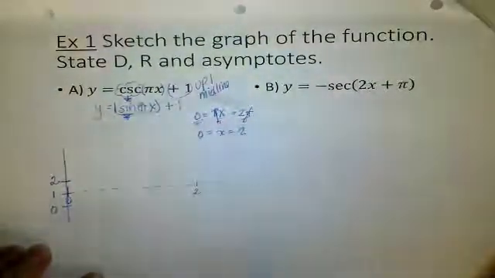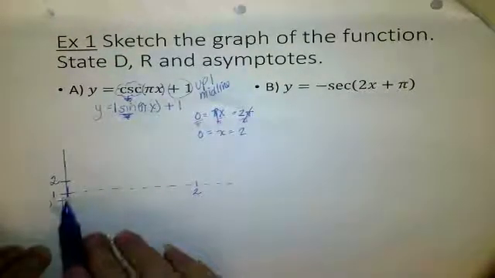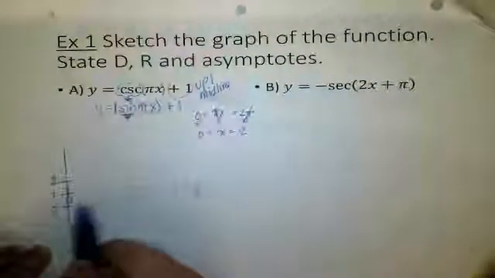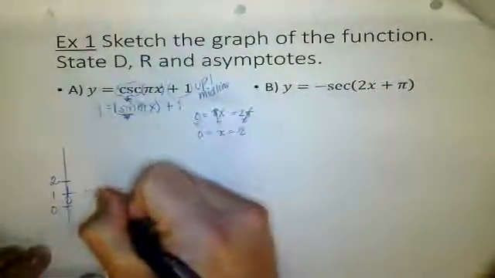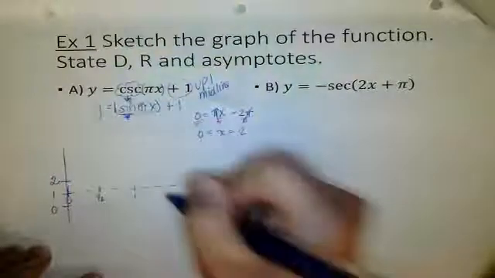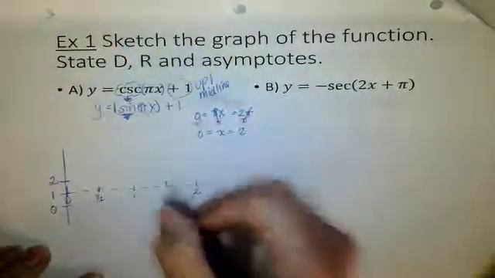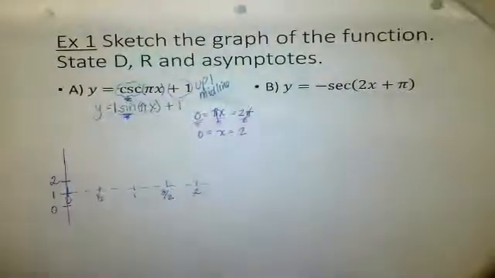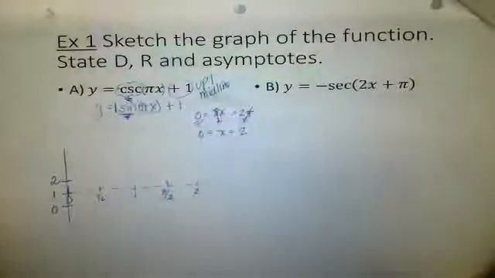And that's one period of our function. I'm going to go ahead and subdivide just like we've done in the past. What is halfway between 0 and 2? 1. What's halfway between 0 and 1? 1/2. And what's halfway between 1 and 2? 3 halves. Add and divide by 2. So 1 plus 2 is 3, divided by 2. 3 halves.